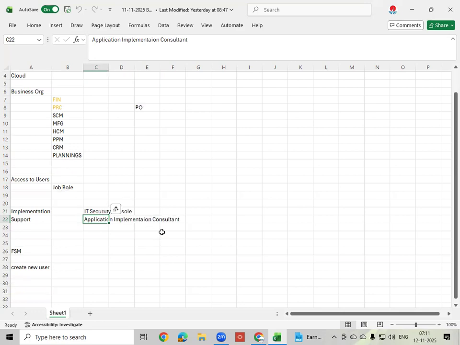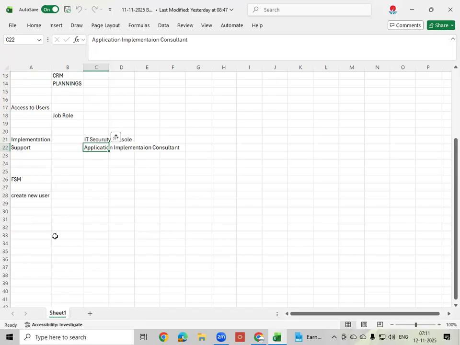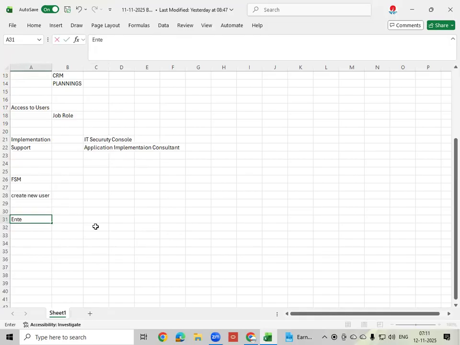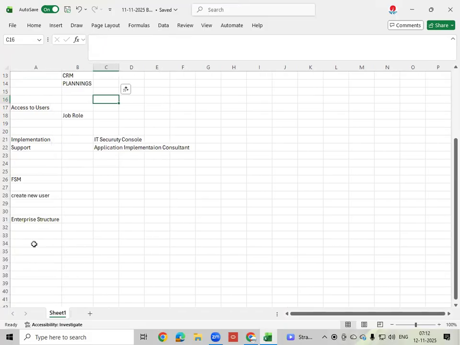But here, first we need to understand enterprise structure. Enterprise structure is nothing but the organization structure, right? Every organization will have some hierarchy, levels.